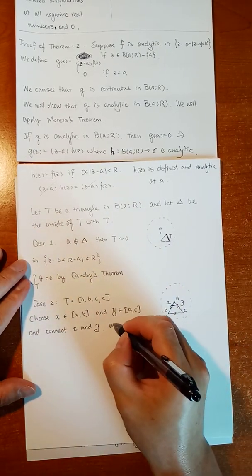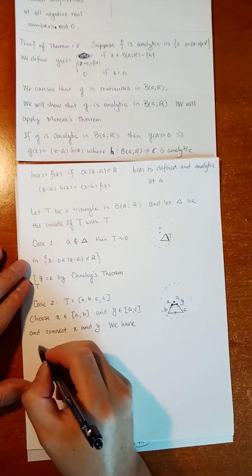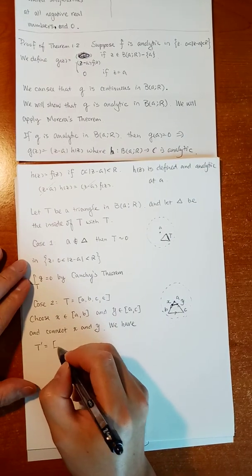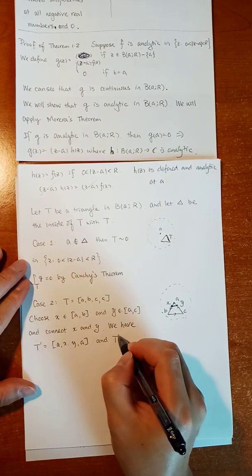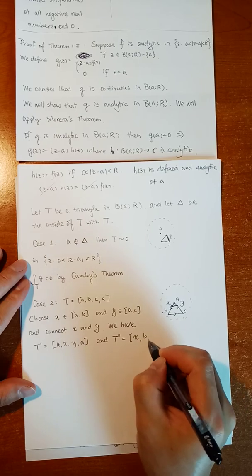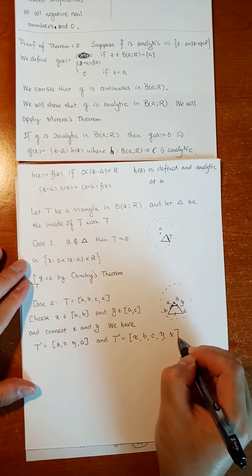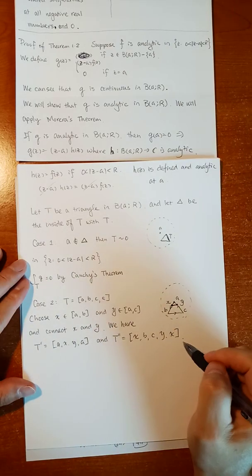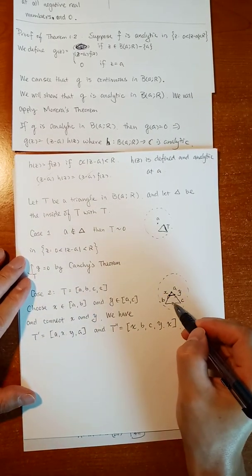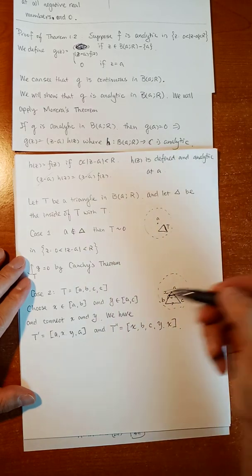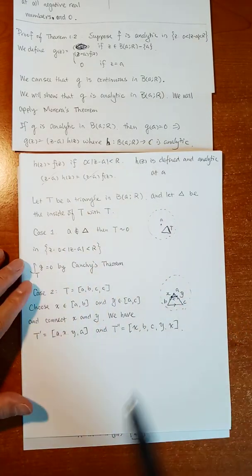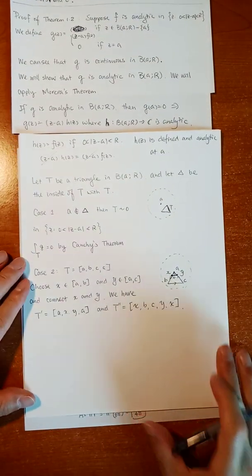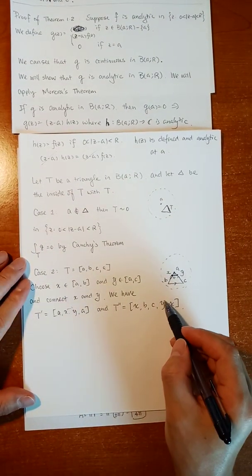Connecting them, we have T prime, which is A, X, Y, A, and T double prime as X, B, C, Y, X. You see here in this quadrilateral, the orientation is from Y to X. In the triangle, the orientation is from X to Y. Okay? Different. It's bad to draw this small. So you see X, Y here, and here is Y, X.